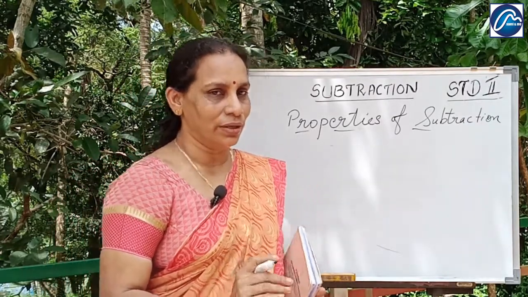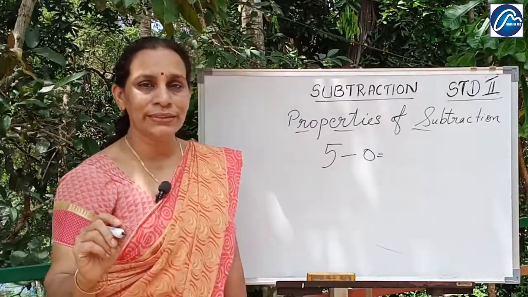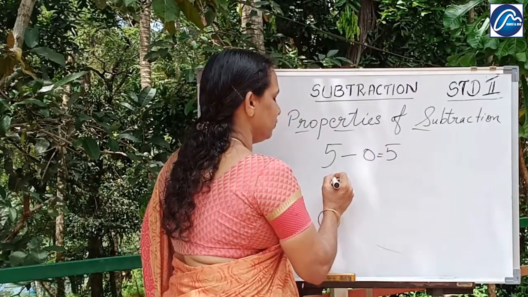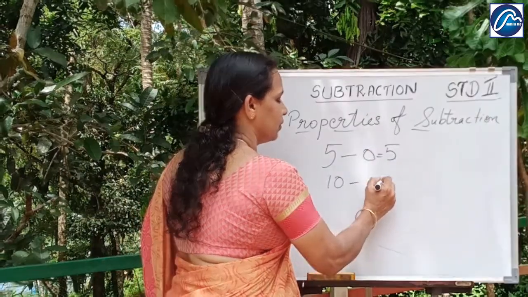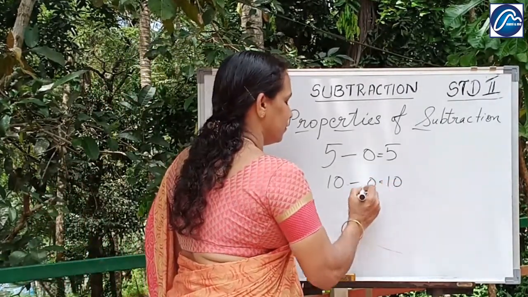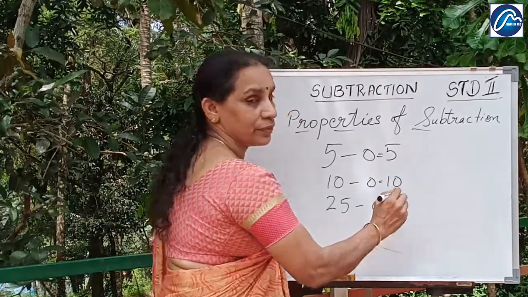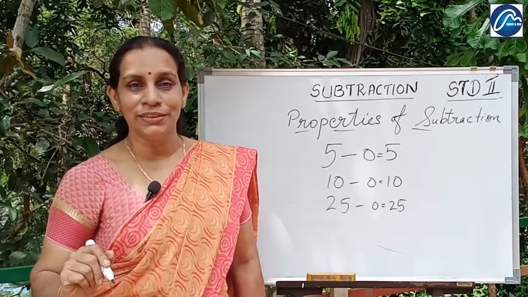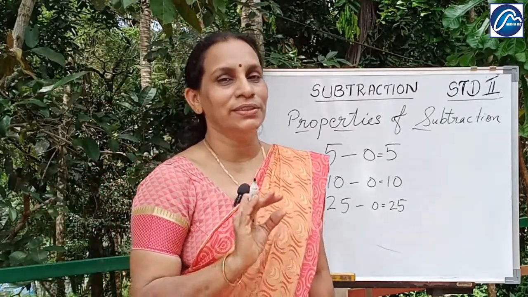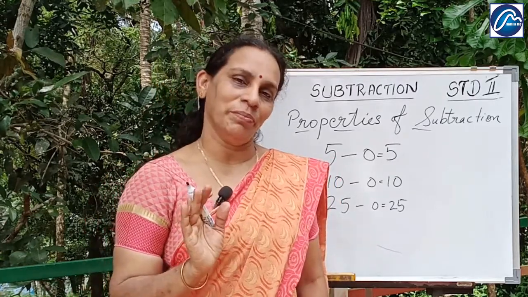For example, 5 minus 0 is 5. 10 minus 0 is 10. 25 minus 0 is 25. So when you subtract 0, you are not subtracting anything and you will get the same number.